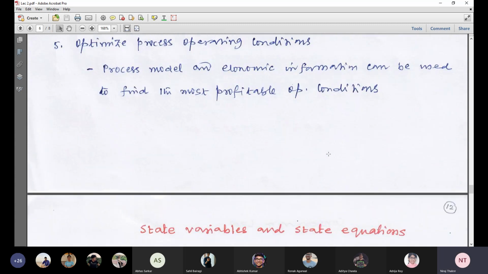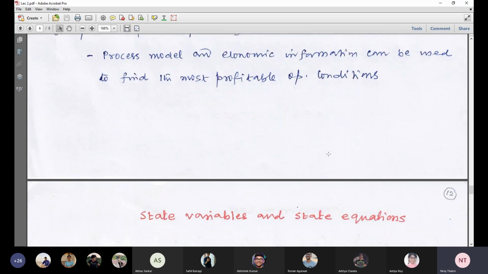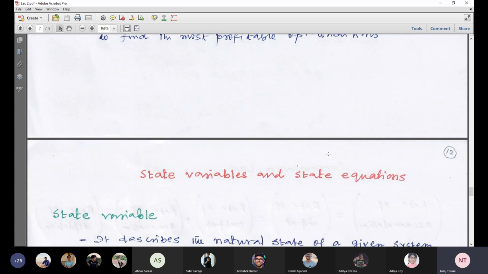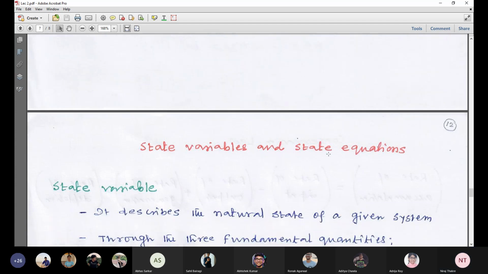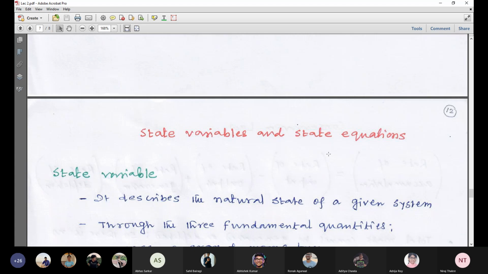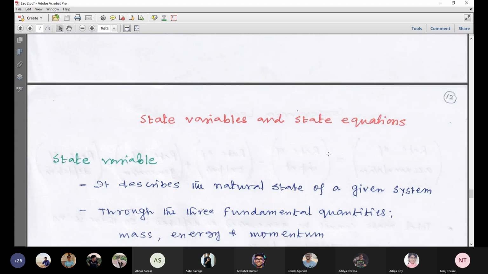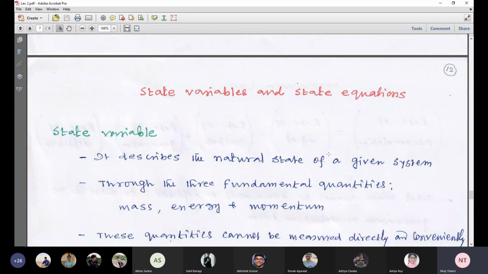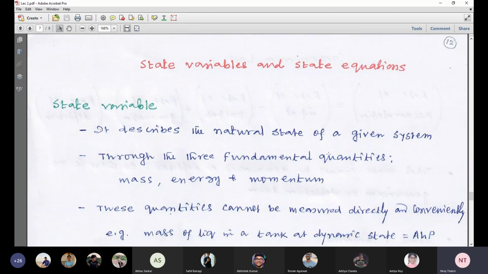Okay, so next come to this topic, state variable and state equation. Let us first discuss state variable. You can note down these points one by one, and I hope you can understand these points easily.